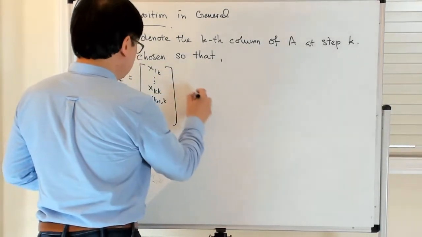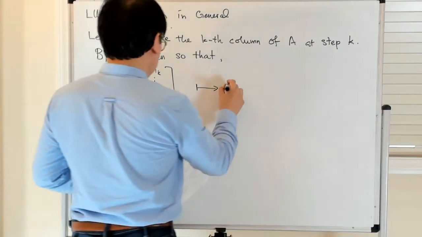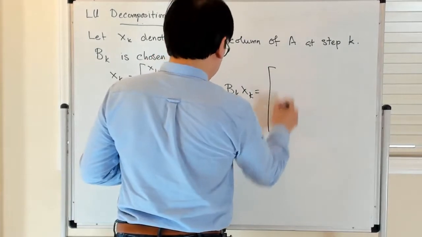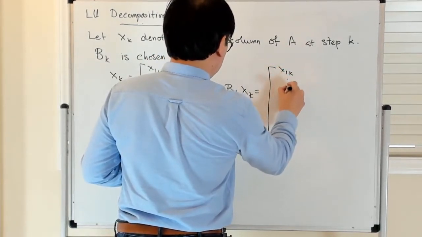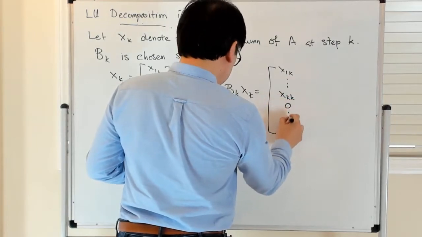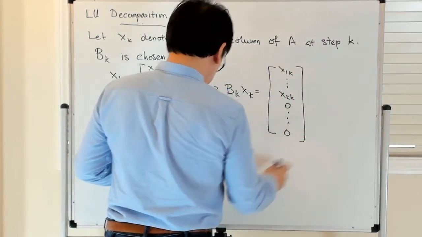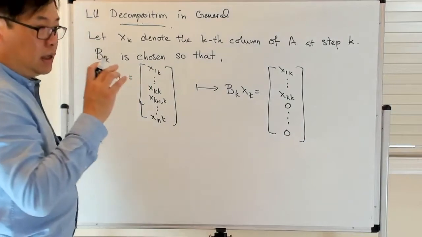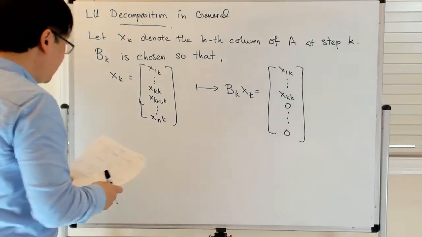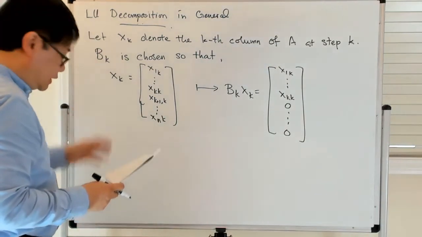This is chosen in such a way that when you apply Bk to xk, you get the following: x1k all the way up to xkk remain the same, and then everything else is 0. So all the entries below the diagonal of that column get zeroed out by this B matrix acting on it.